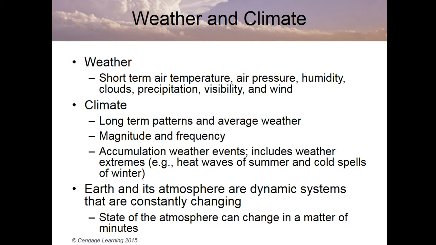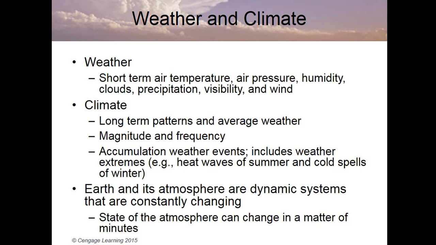Certain places are deserts. Certain places are tundras that receive very little moisture and are typically always very cold. Taigas are regions that receive quite a bit of moisture but are typically very cold.